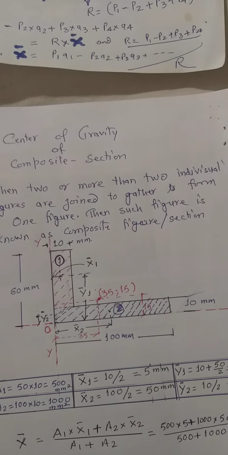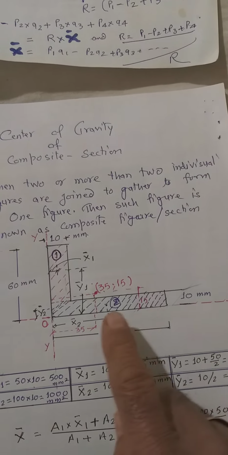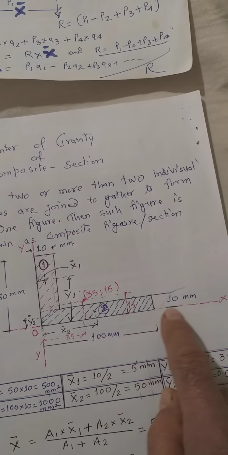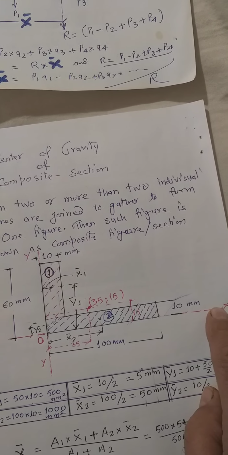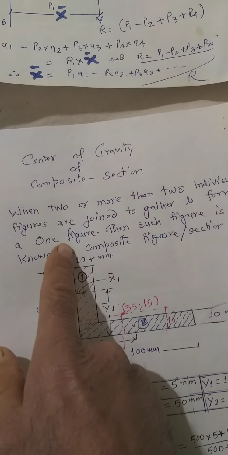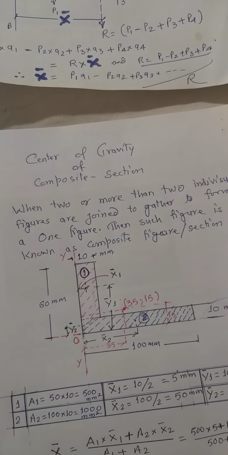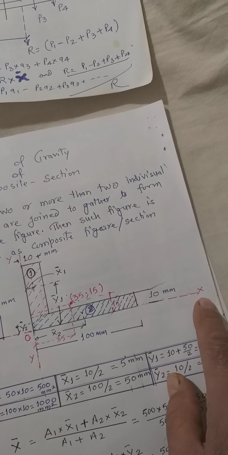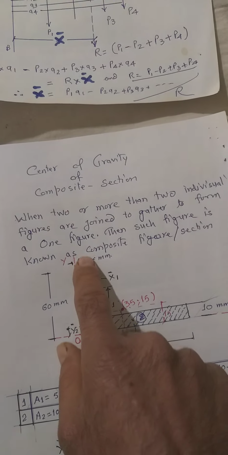I don't say that it is essential, but it is more convenient to draw the last line of a figure in the x direction as well as the last line in the y direction, and this will be the origin. So this I can call x, this we can call y.